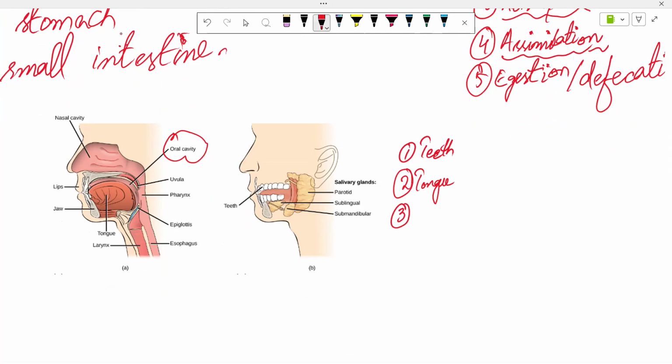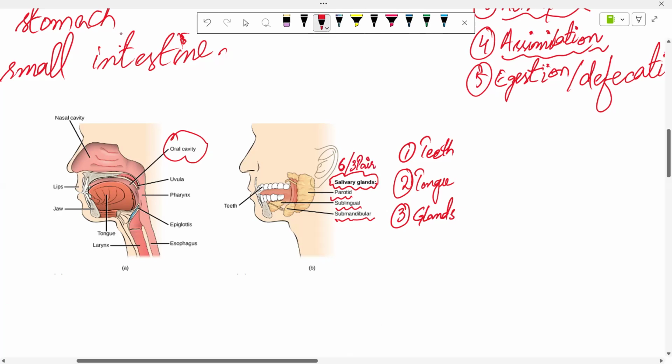Number three, the glands. The salivary glands are present in the oral cavity. There are three types of salivary glands: parotid, sublingual, submandibular. Sublingual means below the tongue, submandibular means below the mandible. There are a total of six salivary glands, that is three pairs. Each type of salivary gland has one pair.